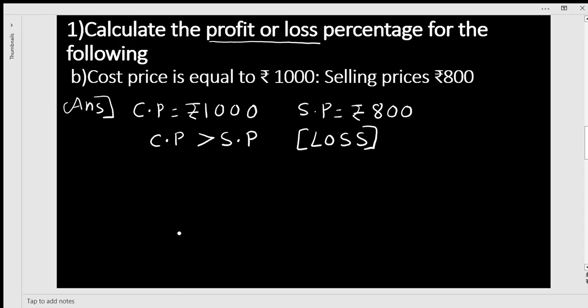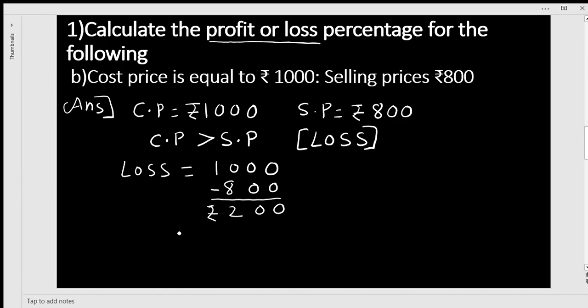So it is loss. Loss is what? Loss is CP minus SP. Correct, students? So CP minus SP, when we subtract, we get rupees 200. So a person is suffering a loss of how much?